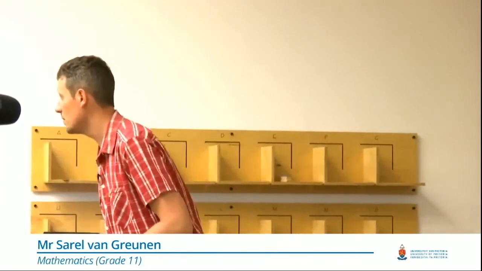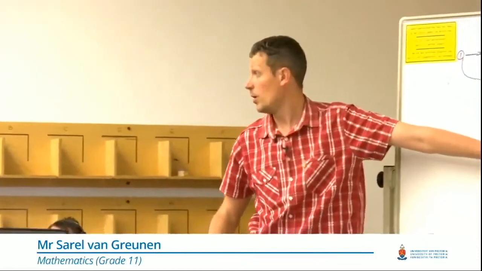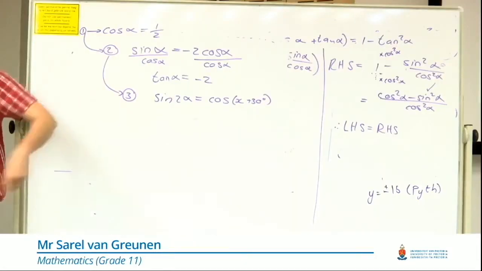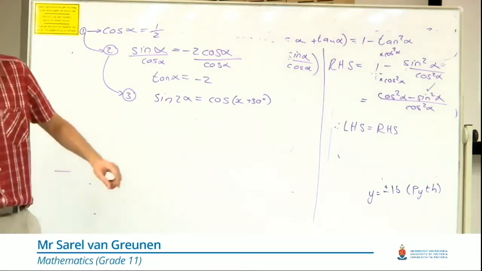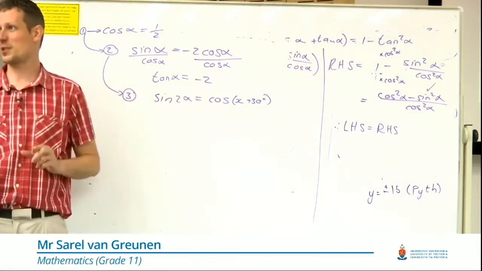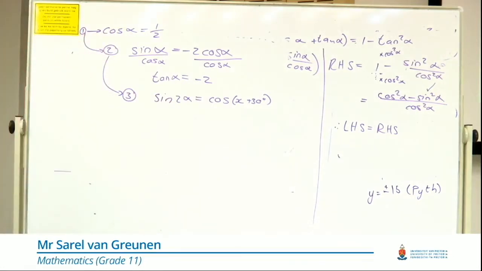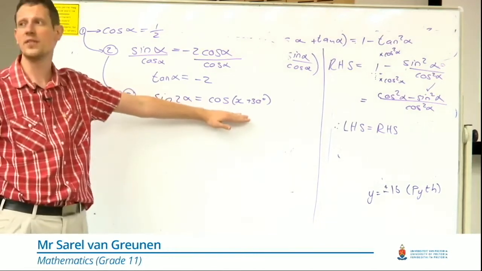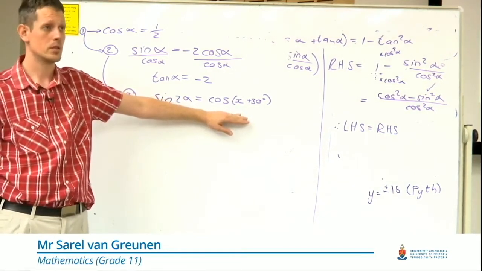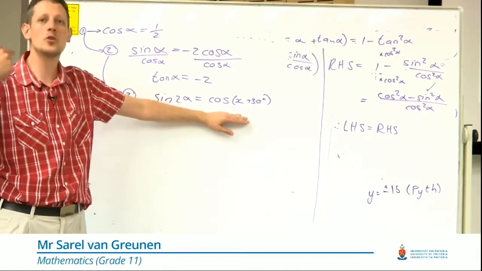Because in grade 12, you learn an identity for sine 2 alpha to make it larger. You learn an identity for cos of x plus 30 to make it larger. And then what do half of my grade 12s do? They apply that identity. The moment they apply the identity, I give them naught. Because not even I know how to solve it when you've made it as large as that. Because you write about 3/4 of a line full when you expand these. And you can't solve it. But now the question is, how do I solve it?